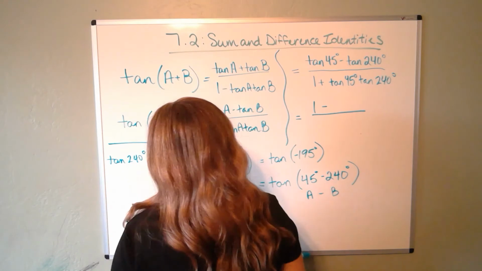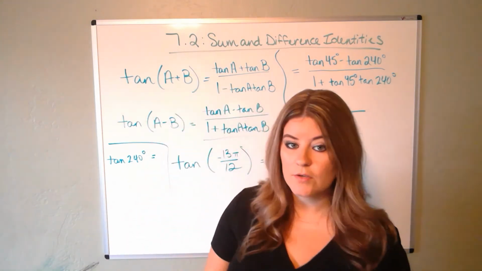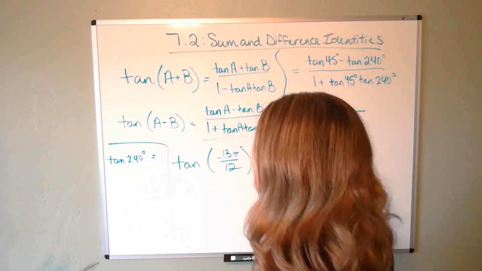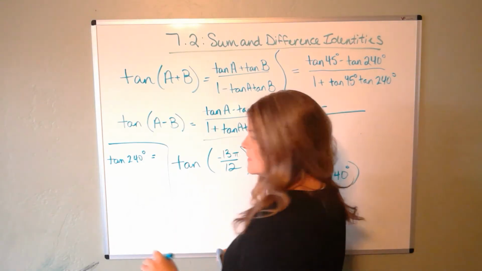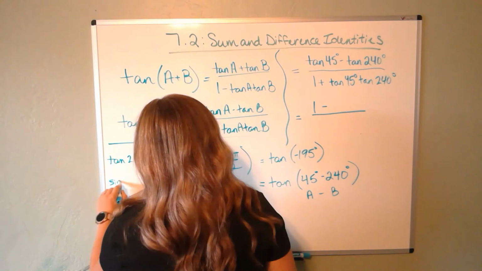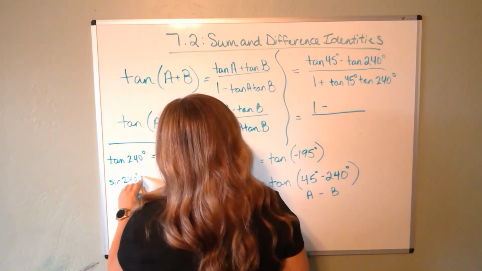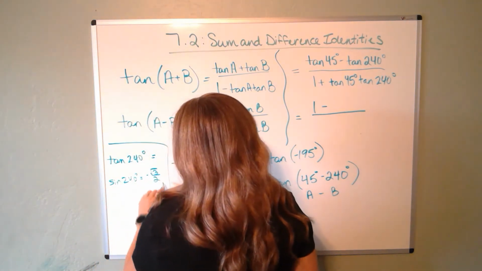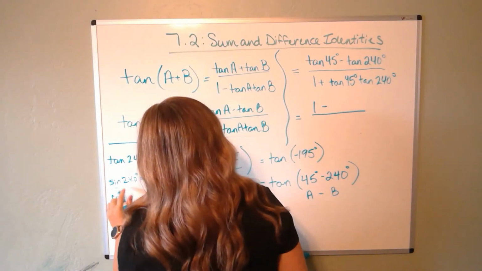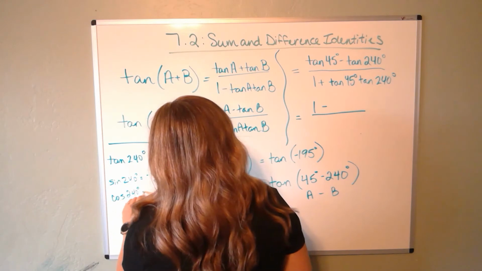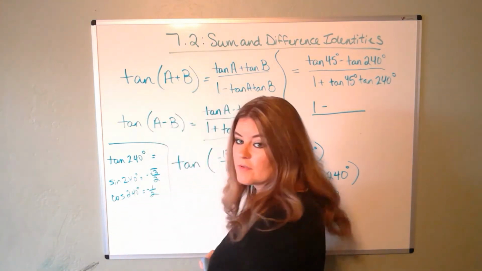All right, so you're down at 240. That's in the third quadrant, and I know you're looking at this, but it's in the third quadrant. Its reference is pi over 3. So it means that the sine of 240 is negative root 3 over 2, and the cosine of 240 is negative 1/2. They're both negative because we're in the third quadrant.